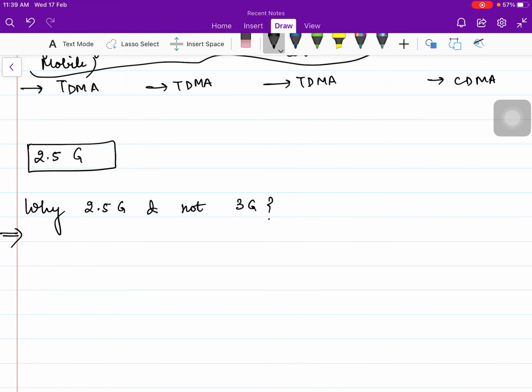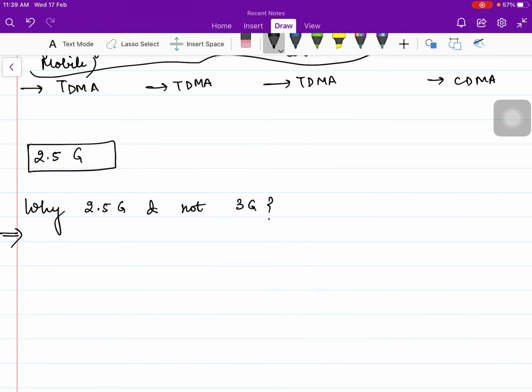Because the second generation features were kept as it is, and some other unique features were added to it. So it was named 2.5 generation, not third generation, because if it would have been third generation, the features would have changed completely. But it was not the case. The second generation was kept as it is and some add-ons were added. So therefore it was named 2.5G and not 3G.